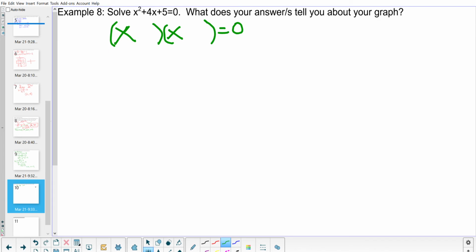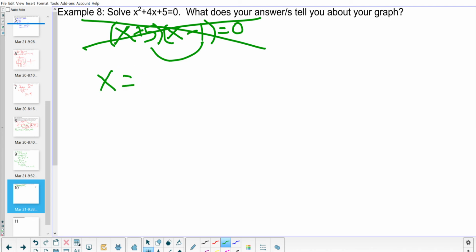If it was 5 and -1, you would get 4 when you added them together. But what is 5 times -1? -5, and this is a +5. This one does not factor. And that's when you have to resort to the quadratic formula.